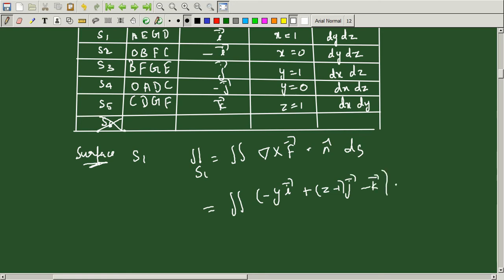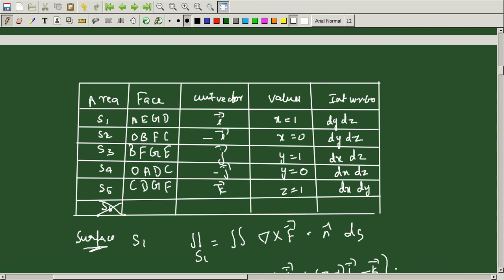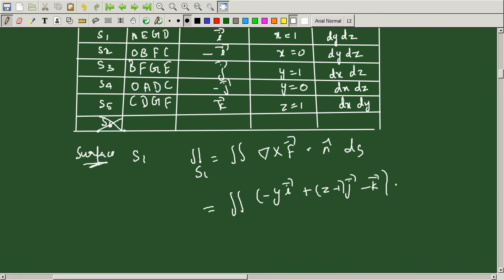N cap for surface 1 is the unit vector i, integration with respect to dy dz. Dot i, now we will get minus i dot i is 1, the remaining other things 0. So minus y dy dz.